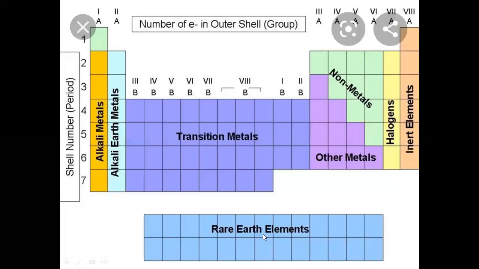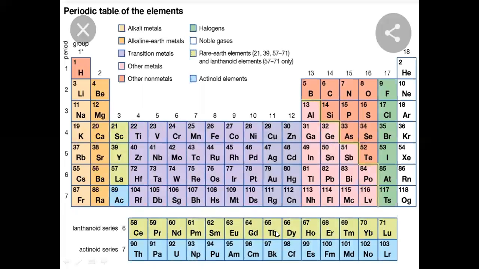Lanthanides are also called rare earth elements. You can see the first one is called the lanthanide series, the second one the actinide series. These are the different names for these groups and periods in the periodic table.